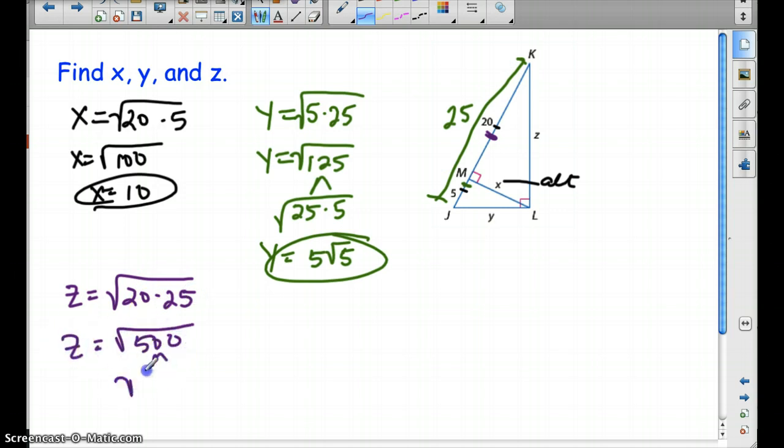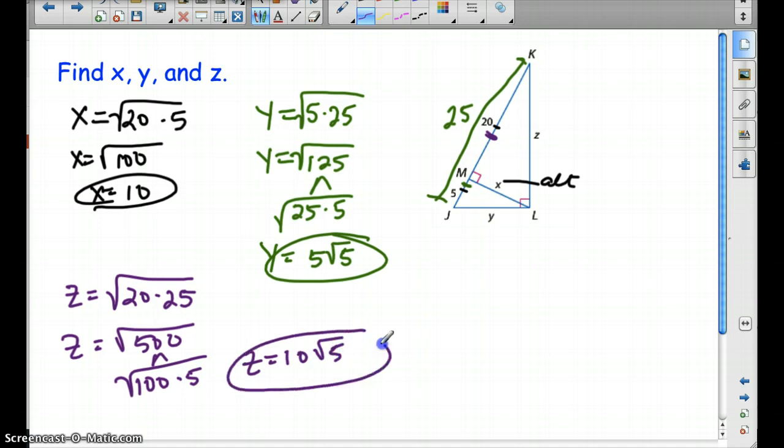Is there a perfect square that goes into 500? Yep, 100 and 5. So z ends up being 10 square roots of 5. So we're using those two theorems to help us out.